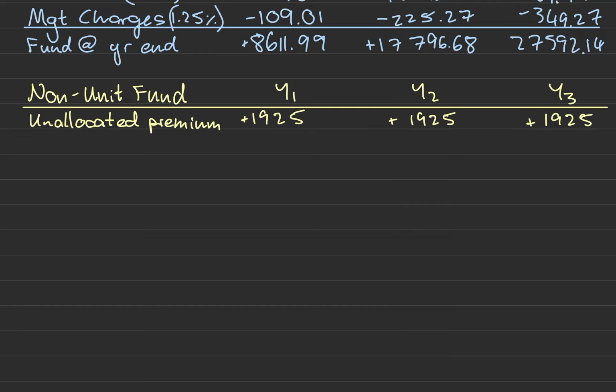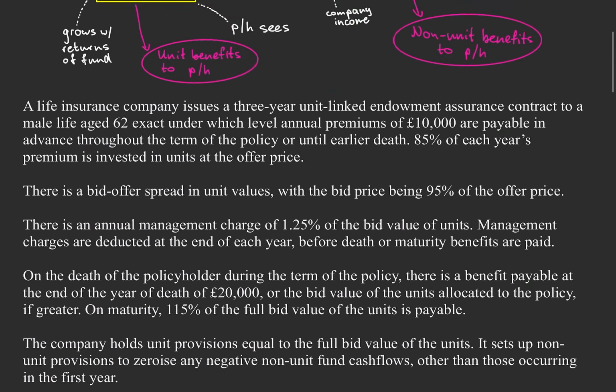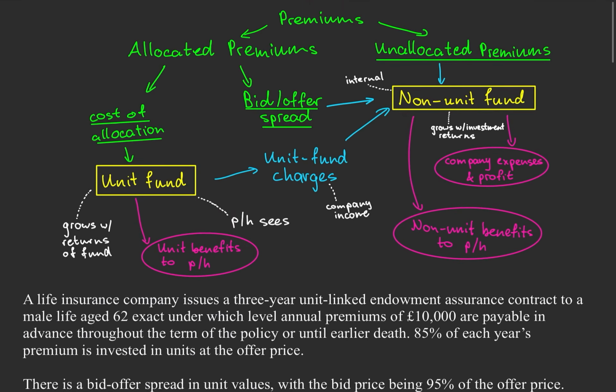All right, now there are expenses. So we go back, we look here. There's unallocated premiums that come in here, this bid offer spread that comes, and we've taken account of both of those. What other cash flows happen at the beginning of the year so that I can calculate that interest here that's going to grow my non-unit fund? What other things happen at the beginning? These non-unit benefits, those are at the end of the year. These management charges, end of the year.